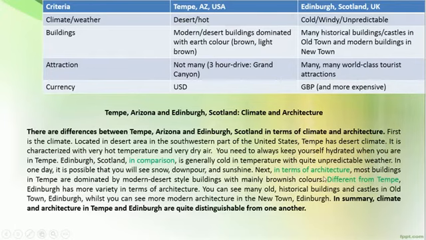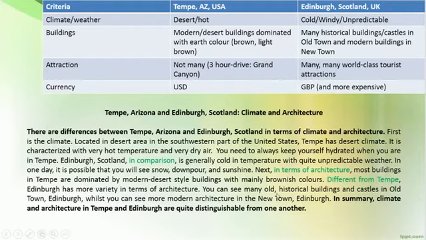Next, in terms of architecture, most buildings in Tempe are dominated by modern desert-style buildings with mainly brownish colors. Different from Tempe, Edinburgh has more variety in terms of architecture.